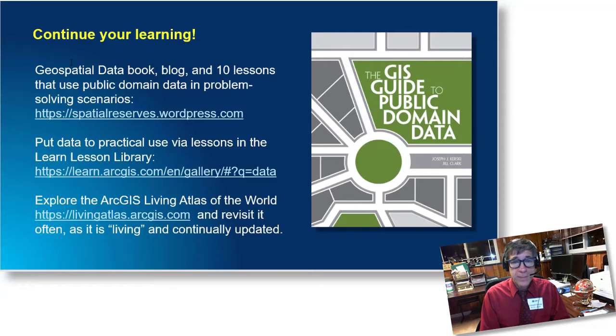Second, put data to practical use via lessons in the Learn Lesson library. Do a search on data and some other topics, and you'll be able to dig into this in a practical way. Back on that Spatial Reserves data blog, for high interest, search on everyday examples.